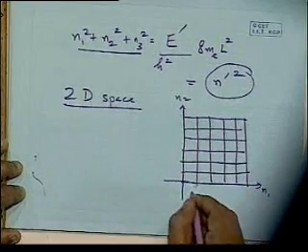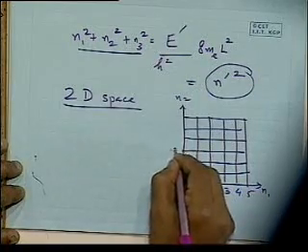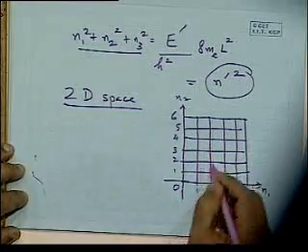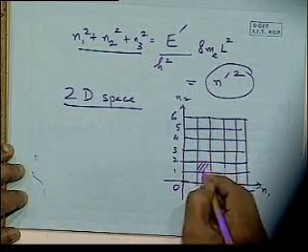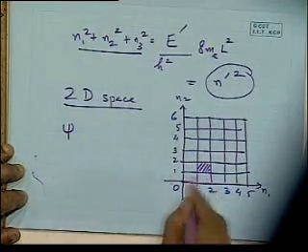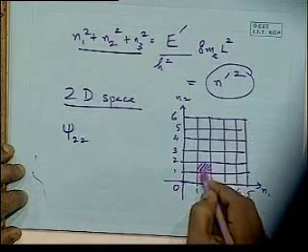We give some numbers 1, 2, 3, 4, 5, 6, whatever you have, for each of these. What we see immediately is that if I'm referring to a particular box like this, that is psi 2,2, and by definition this is unit area.